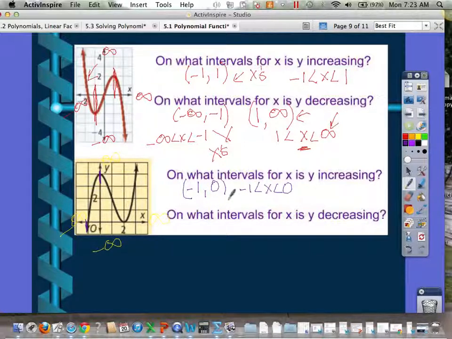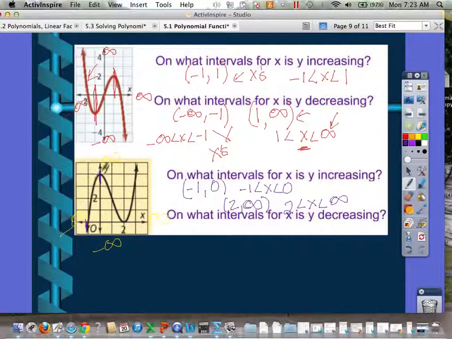This one is from 2 to infinity. Either way, it's going up from that point. Between 2 and infinity, the y will be increasing, and from negative 1 to 0, the y will be increasing.